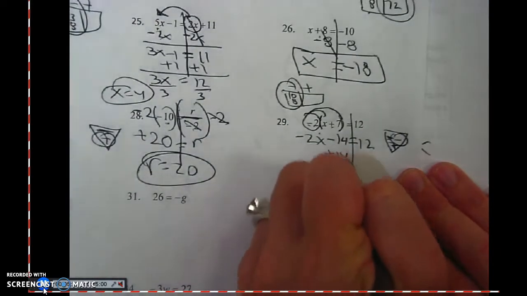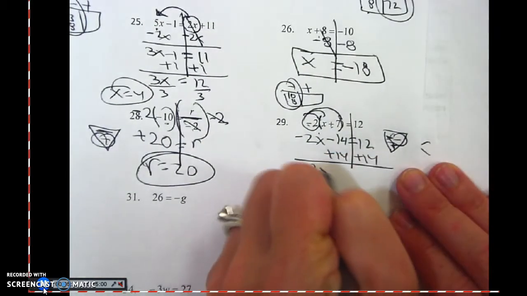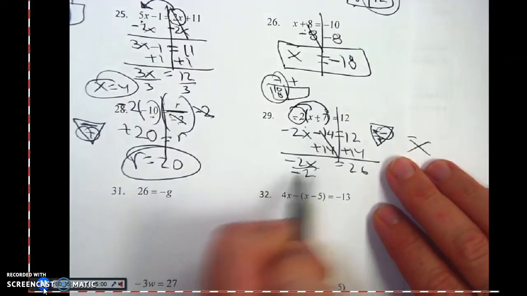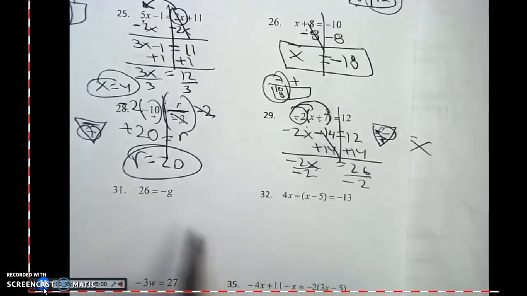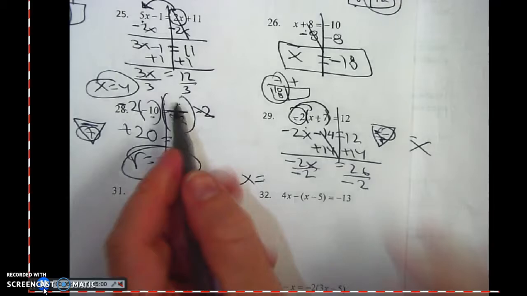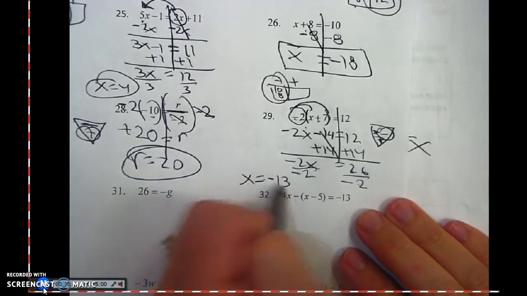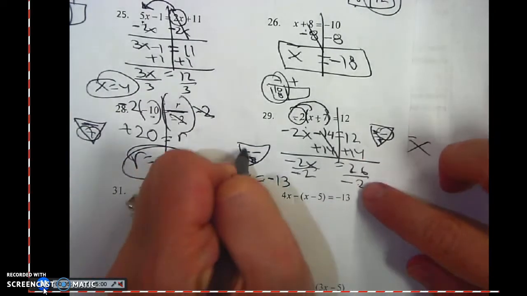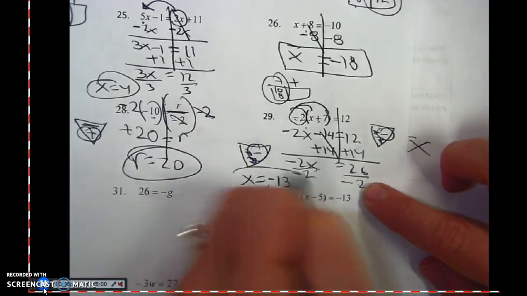Add 14, negative 2x equals 26. Divide, don't forget the backpack. X equals half of 26 is 13. Let me do my triangle. Negative, negative, positive, positive, bye-bye. Negative, bye-bye, boom. That's how you know it's negative.